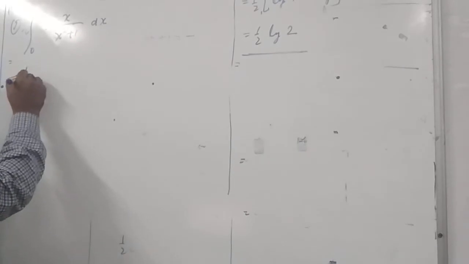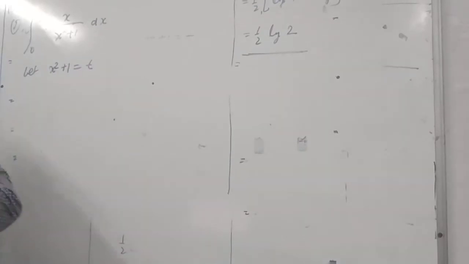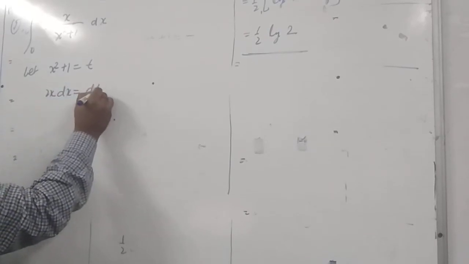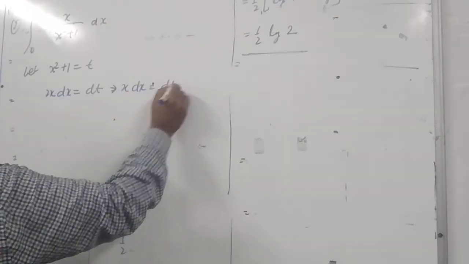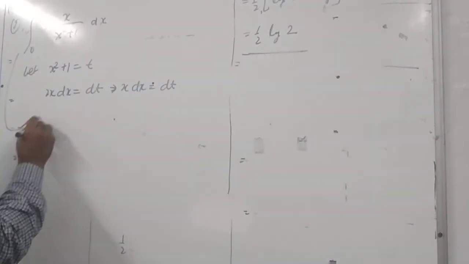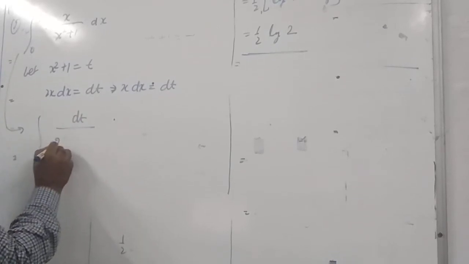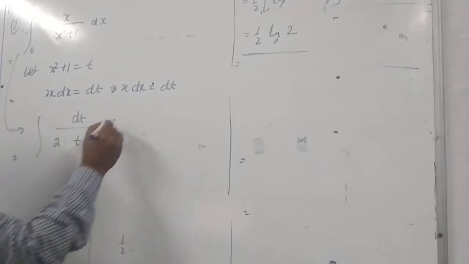Now let x square plus 1 be equal to t, as we have done in the previous question. So 2x dx is equal to dt, so x dx is equal to dt by 2. So the changes are here: dt by 2, and this is t, and now the limits will change.